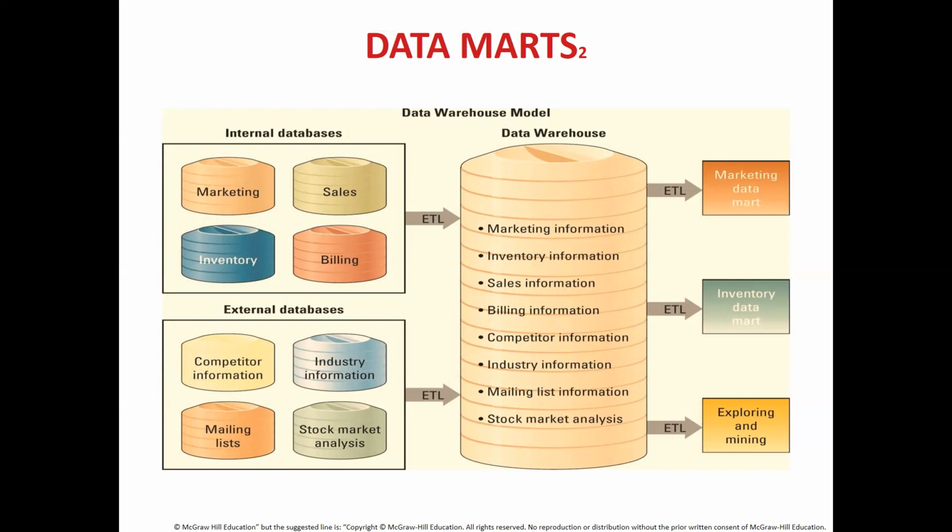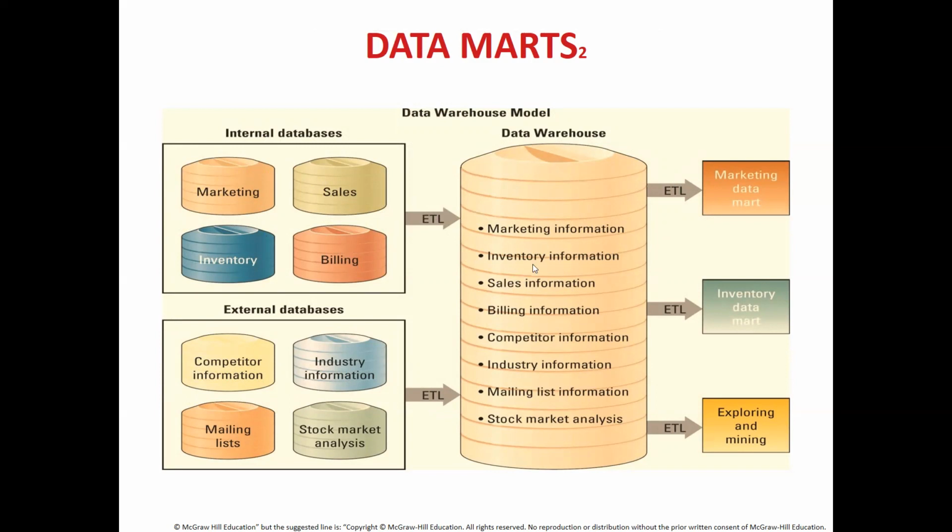So all the marketing data goes into the marketing subset. All the inventory based data over here is not data, it's information, sorry. All inventory based information. Why information? Because remember, it has already been transformed. ETL: extract, transform, load. Data is extracted from databases, transformed into information, then loaded into the data warehouse.